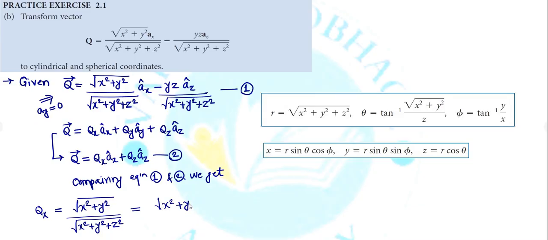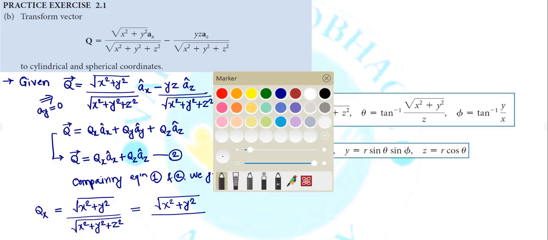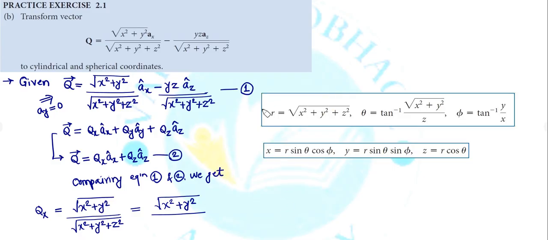And then we have the value for square root of x square plus y square plus z square. You can see over here that value is r, so you can directly put that over there. Now next thing, for this numerator.